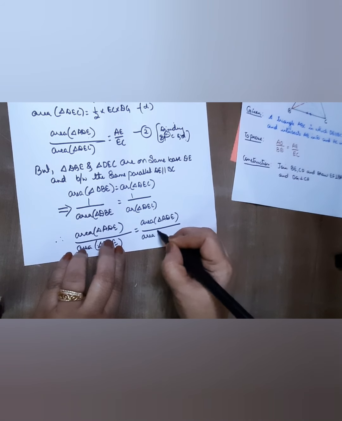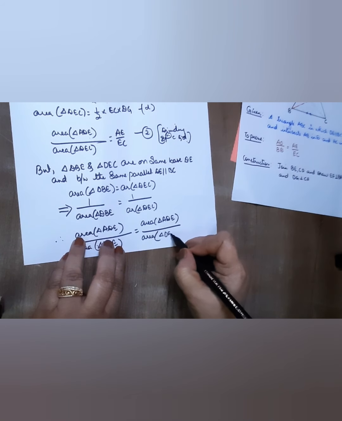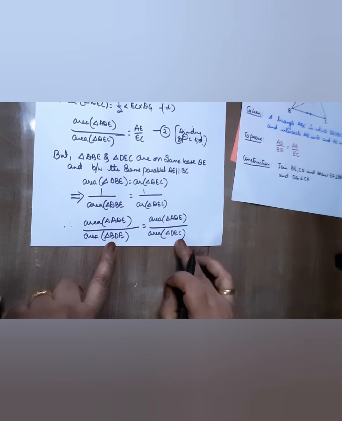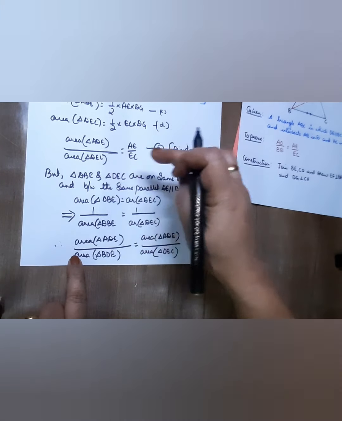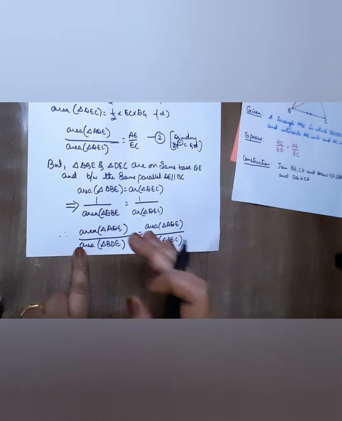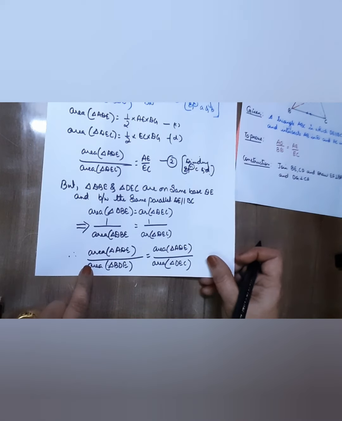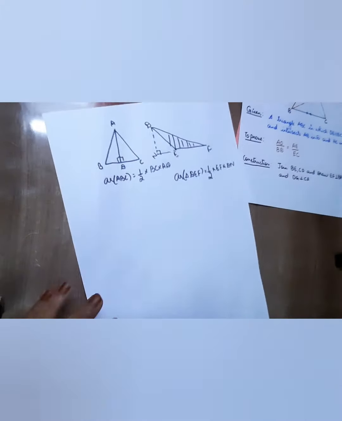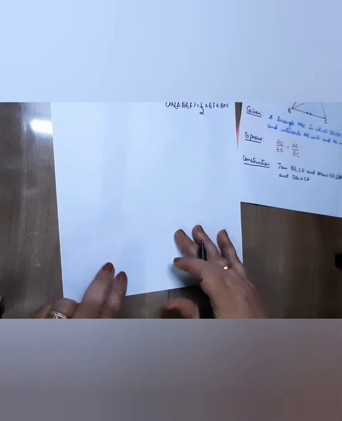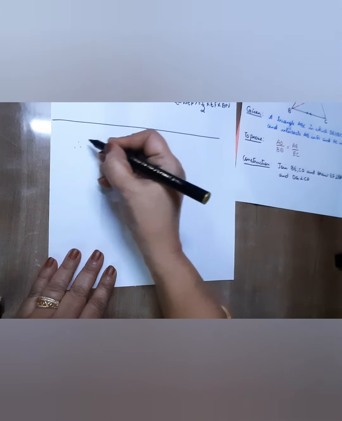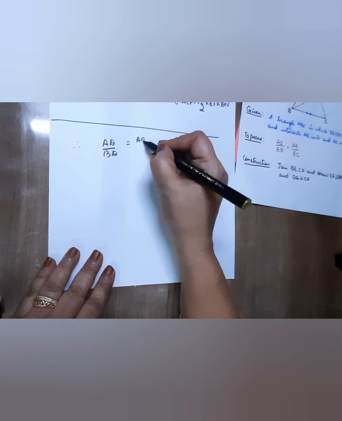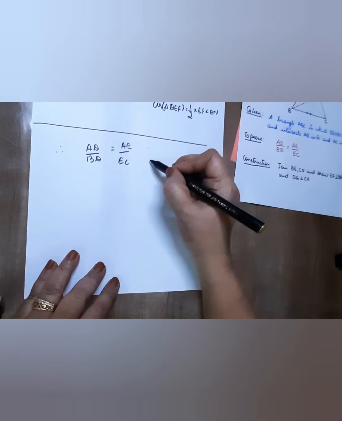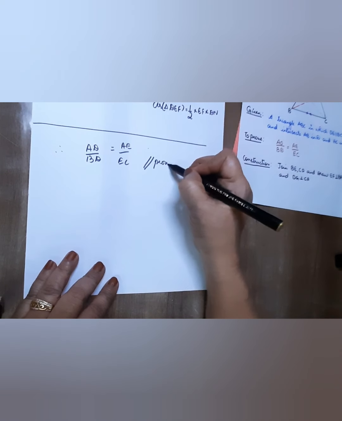I am just writing the LHS of equations 1 and 2. We just proved that BDE is equal to DEC, so equations 1 and 2 are both equated. When the LHS are equal, their RHS should also be equal. Therefore we get our conclusion: AD by BD is equal to AE by EC. So here we proved the theorem. Hope you understood.